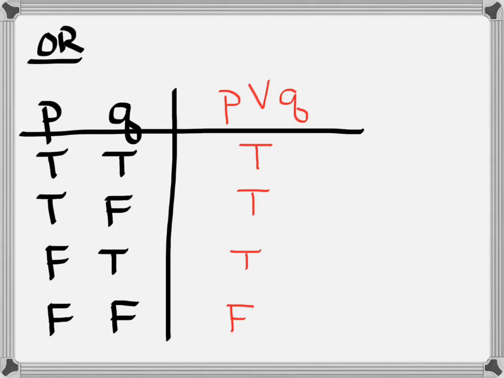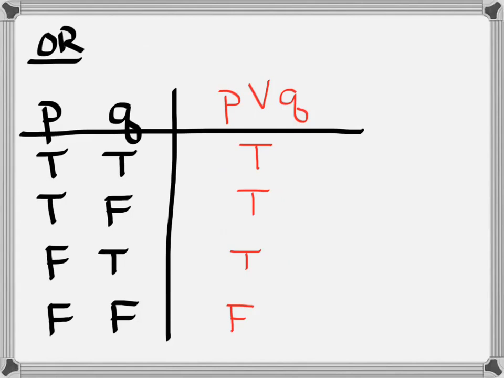Now, the truth table for P or Q, based upon the values of P and Q, is the following. True or true is true. True or false is true. So I'm reading across each row. I'm now at the third row, and I have false or true is true. And lastly, false or false is false.